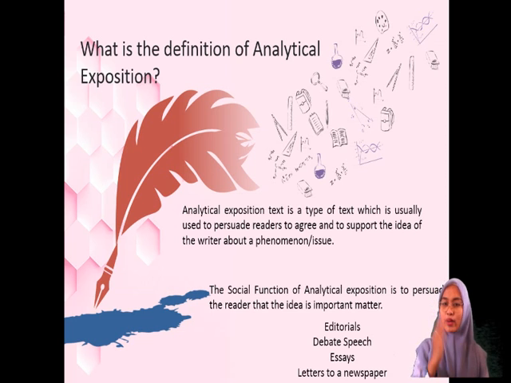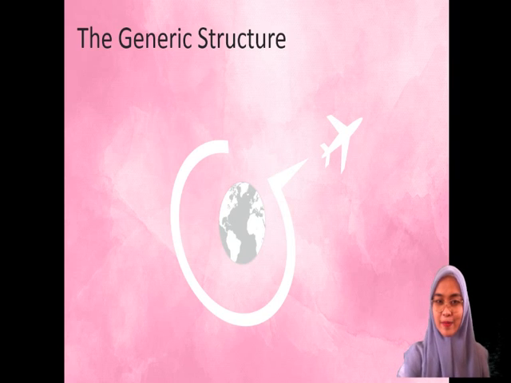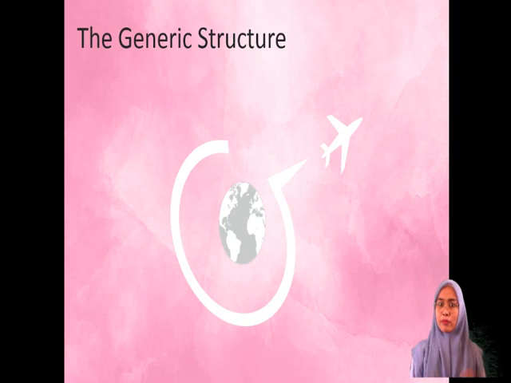Now, I want to ask you again, how many generic structures does analytical exposition text have? Before the slide, I show you the generic structure of analytical exposition text. That's right, three generic structures. What are they? The first one, thesis; second, argument; and the last, reiteration or conclusion.